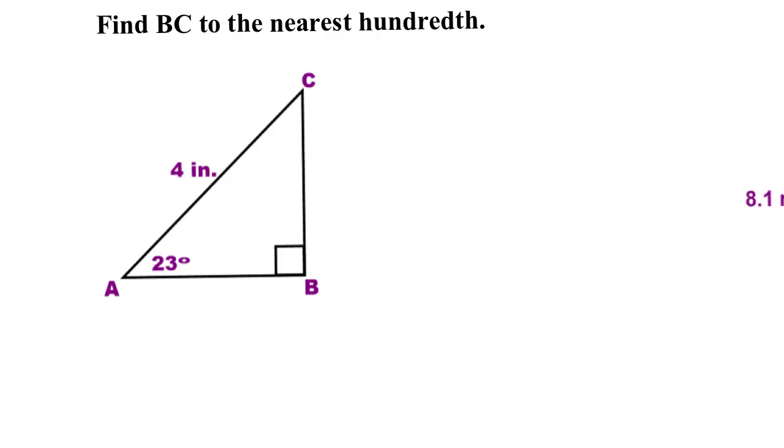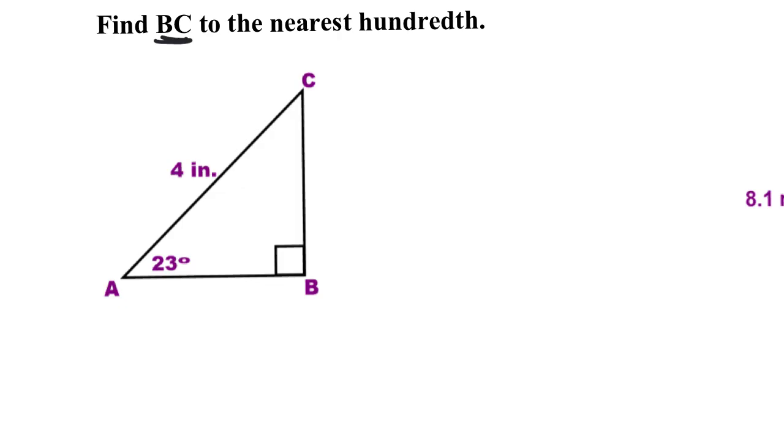All right, for the next few examples, we actually want to put all this information into practice by finding side lengths. So we want to go ahead and find the length of BC to the nearest hundredth. Now we know we can use the Pythagorean theorem, 45-45-90, or 30-60-90 triangles to find side lengths. But let's look at what we know.